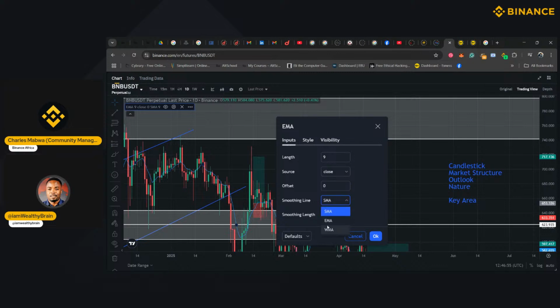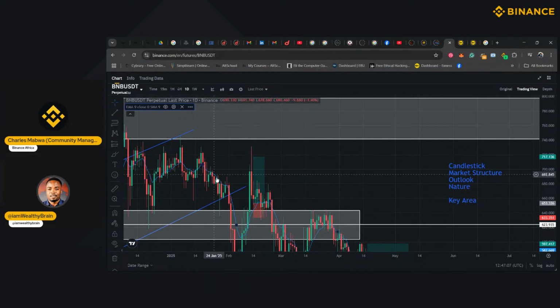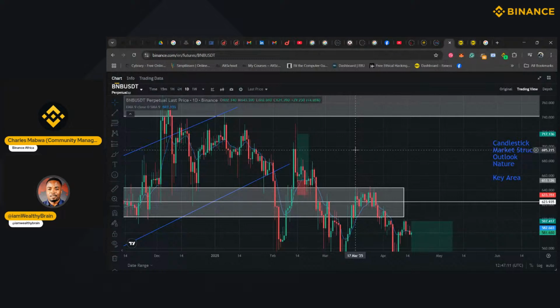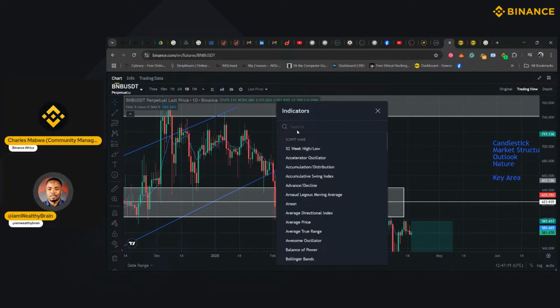Then how you want it to relate. So you need to know these things before you apply moving average to your chart. That's for moving average, and this is the line. Anytime you are using a moving average, you should have a predetermined color scheme for your moving average. Very, very important.